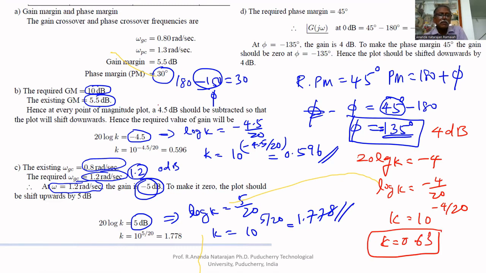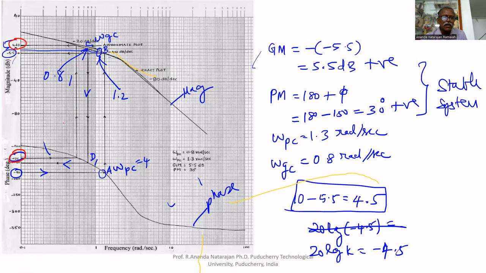Therefore, K equal to 0.63. What is the present phase margin? 30 degree. You have to increase the phase margin. That's why we have to decrease the gain. If you want to increase phase margin or gain margin, we have to decrease gain. From that, you can understand that it should be minus 4. But logically, what is the meaning of minus 4? At angle 135, because that is the required angle, the magnitude is 4.